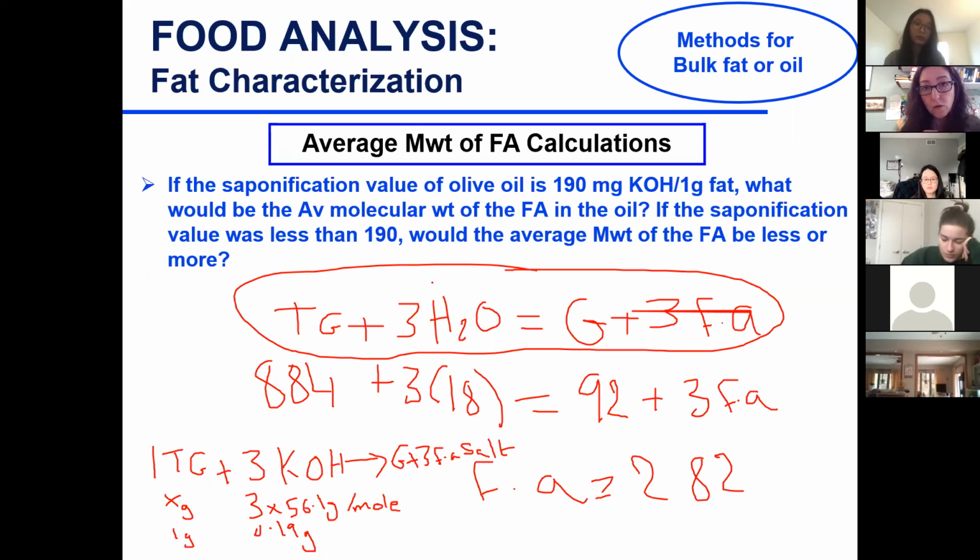So you just want to convert that to grams because you want to make sure that you're solving in grams. And then you solve for X here. So this is 3 times 56.1 over 0.19. This gives you the 884.